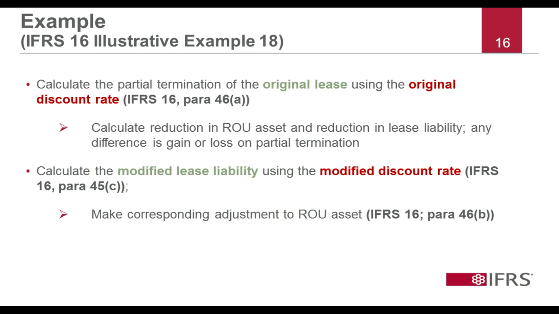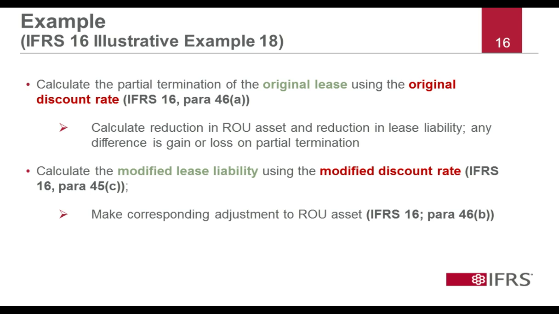So first, thinking about the decrease in scope. Now, applying the modification requirements in IFRS 16, all the lessee is doing here is recognising a partial termination of the original lease. In other words, it needs to remove from its balance sheet that element of the right-of-use asset and lease liability that has been disposed of.